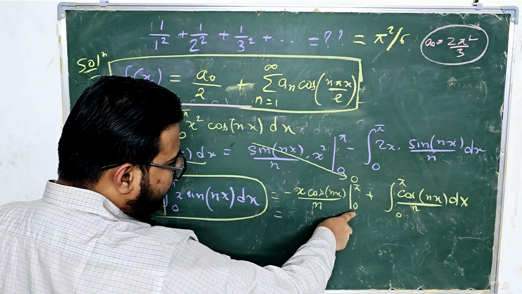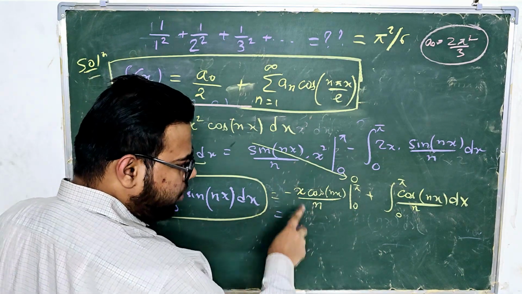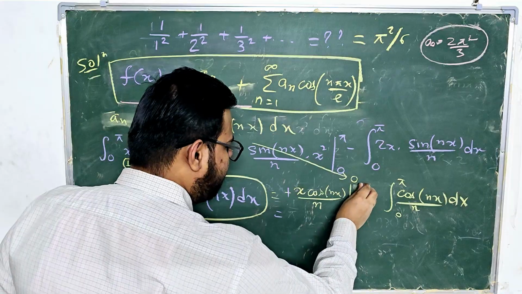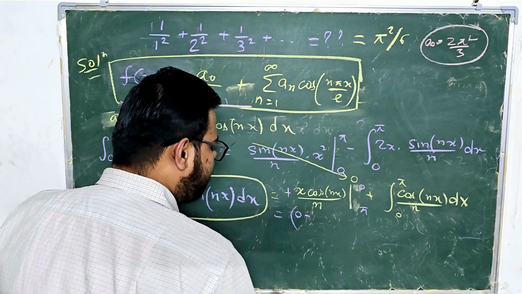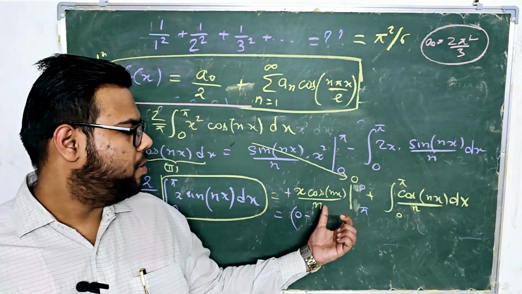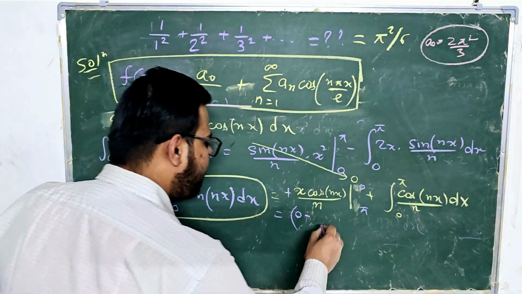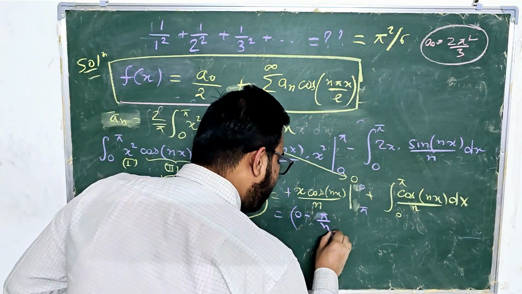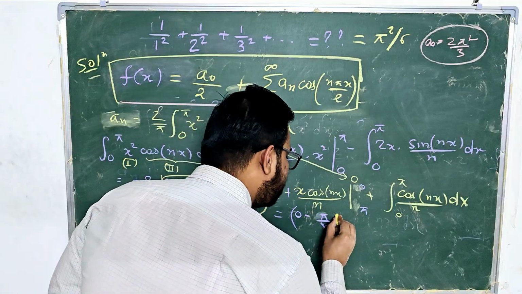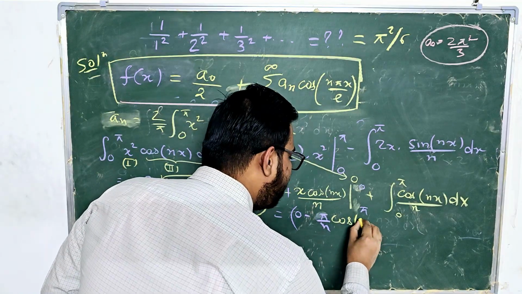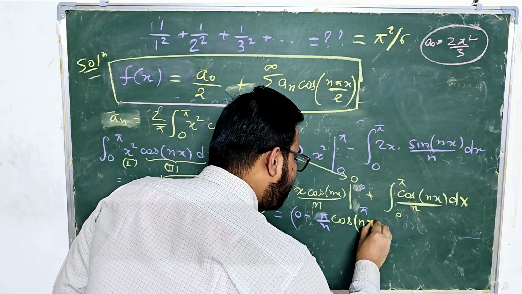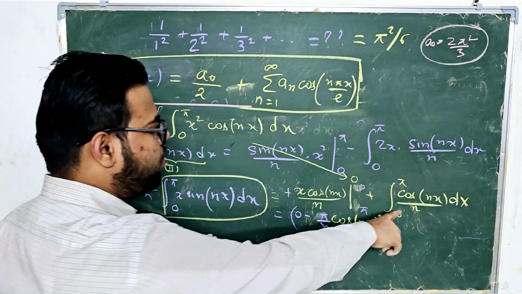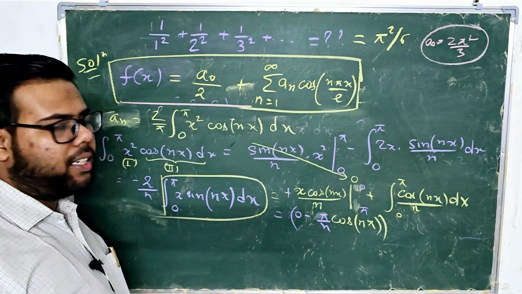So when x is equal to 0, then of course this expression is 0. Let's make the limits like this. So this is 0 minus. Now when you substitute pi, what you will get? You will get x, that is pi by n times cos n pi, correct? Cos of n pi plus, what is the integral of cos nx?